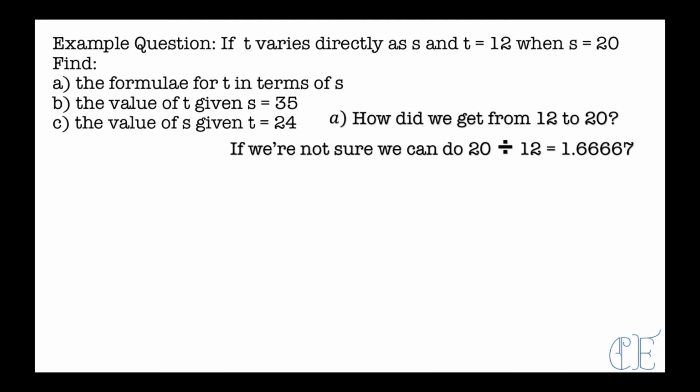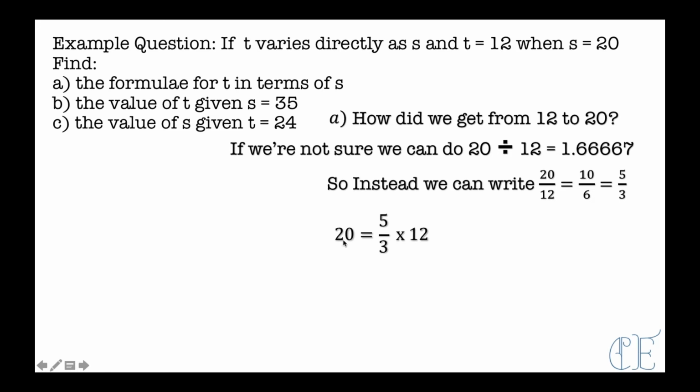Now, that doesn't sound like a very nice number to use, so instead I'm going to write 20 over 12 as a fraction and cancel it down. If I cancel it down, it gets to 5 over 3. So that means that you need to do 12 times 5 over 3 to get 20. So 20 equals 5 over 3 times 12.